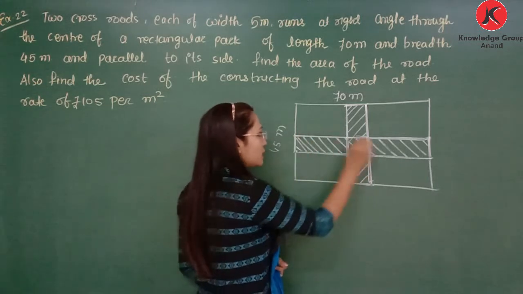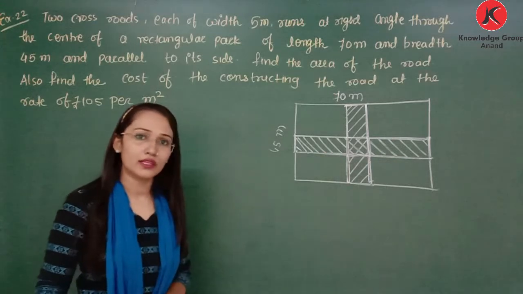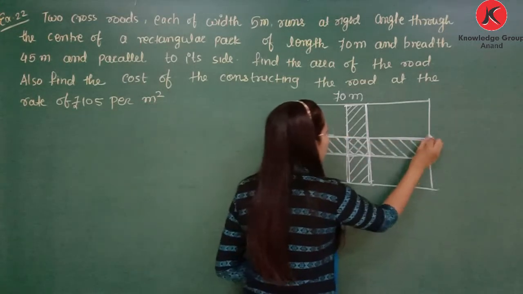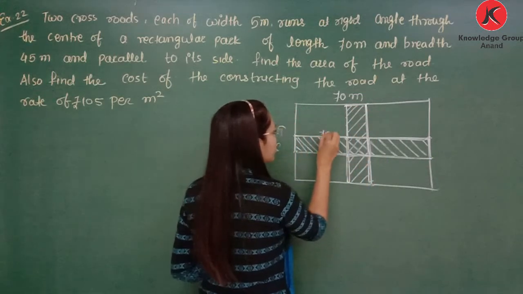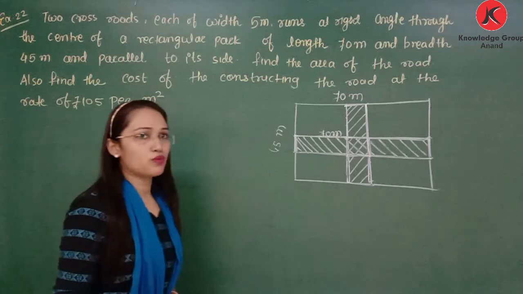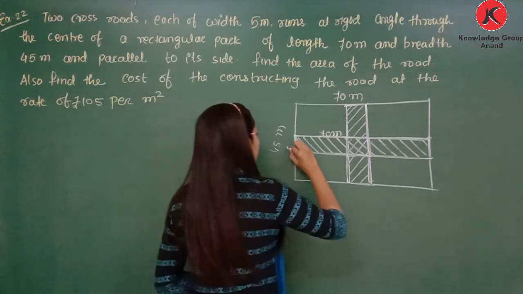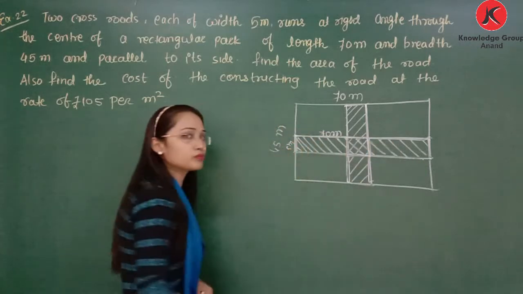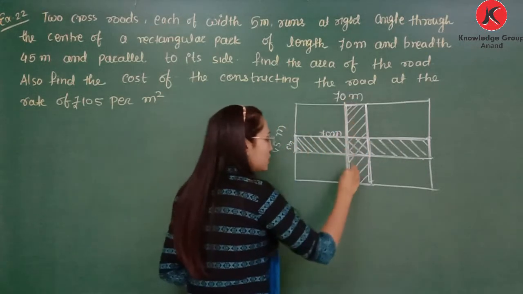Now, how can we find the area if we have a measure of length and breadth? What is the length of this side? It is 70 meter. What is the width of the path? 5 meter. So we can get the area of this rectangle if we have a length and breadth. Same. What is the length of this side?